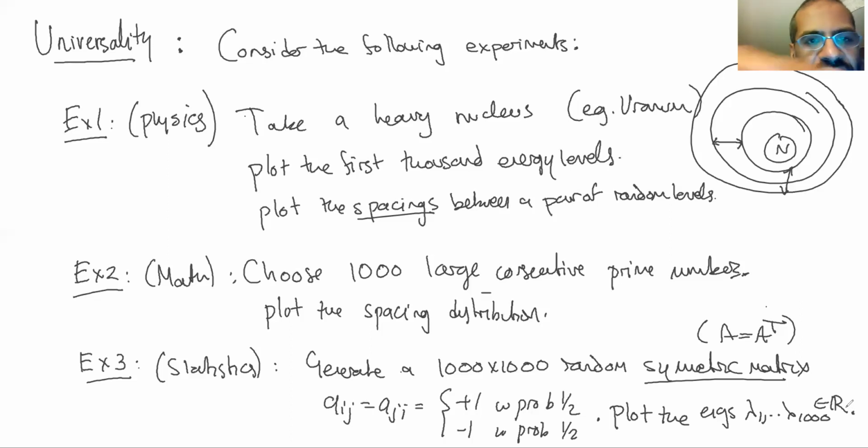So the punchline here is, if you do this, then you get the following plot. So these are various distributions, the 3 that I talked about. Experiment 1, which was the heavy nucleus, was this one. It's called erbium, which is apparently some heavy element.